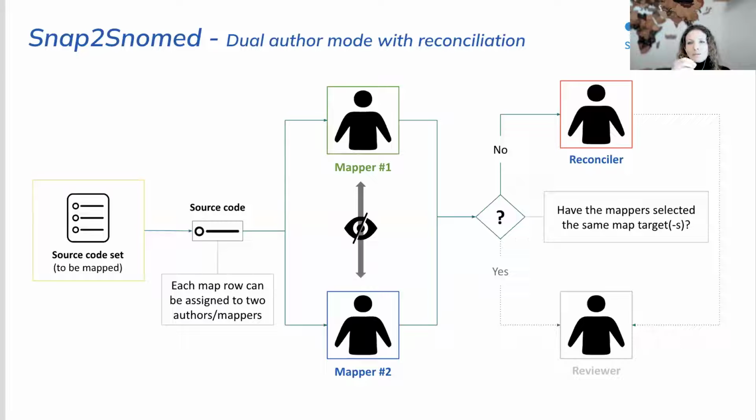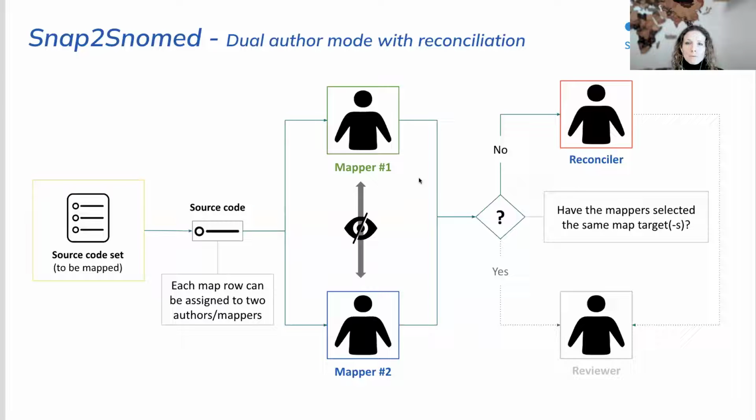And in the cases where they select something differently, you may have a third person who then reconciles, making a further analysis to understand which of the proposals is the better one. So now we have this workflow with the reconciler, and you can say that the reconciler is like the reviewer.